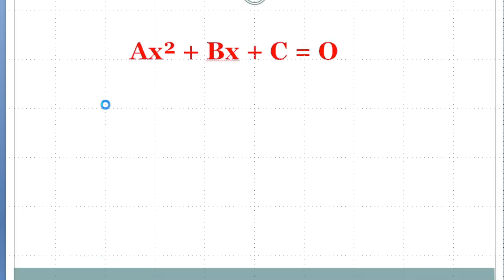So let's go for the factorization method by using an example. Now see, this is your equation. What is the factorization formula?